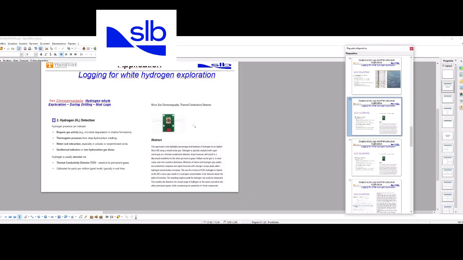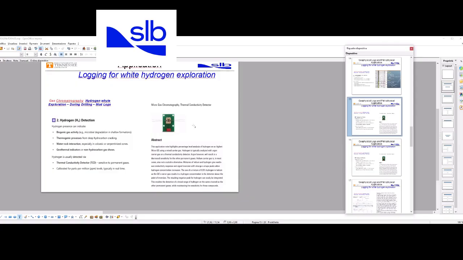The presence of hydrogen can be indicated, for example, by biogenic gas activity, microbial degradation in shallow formations, thermogenic processes from deep hydrocarbon cracking, water-rock interaction, and geothermal indicators or non-hydrocarbon gas flow.